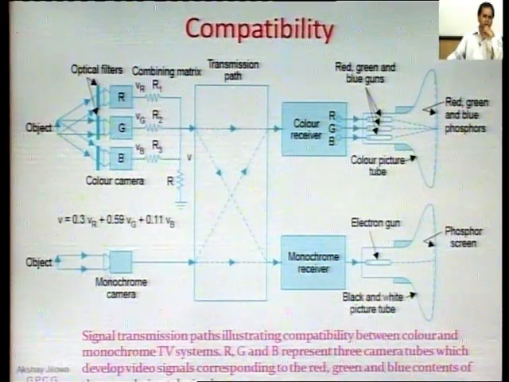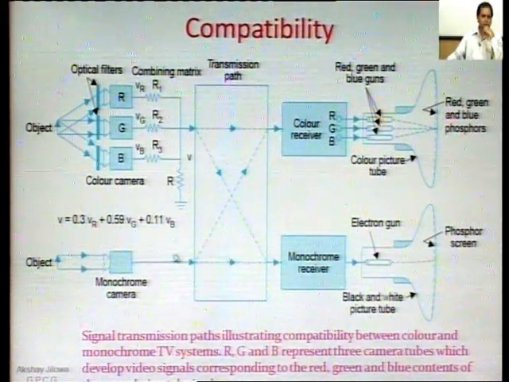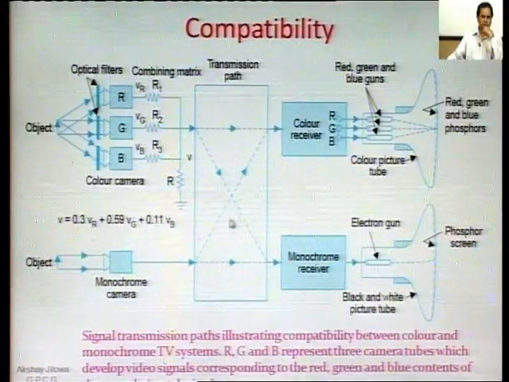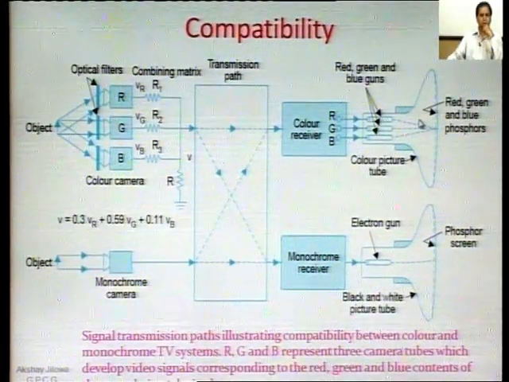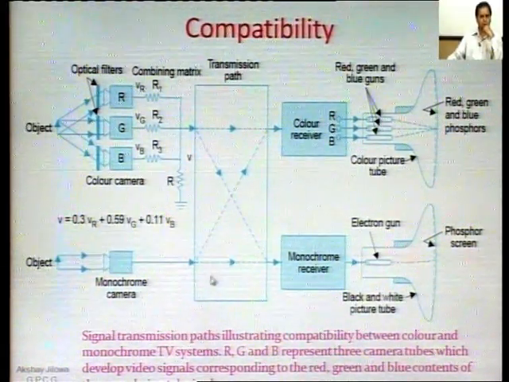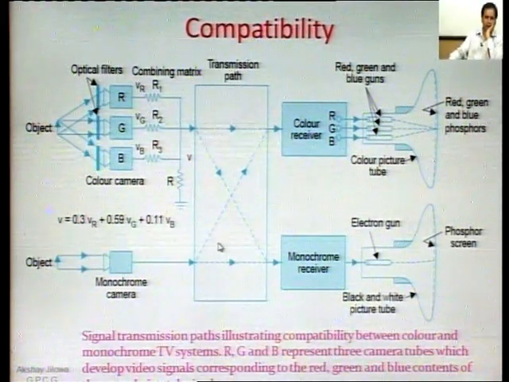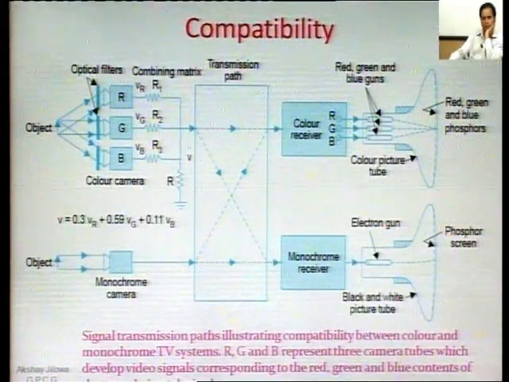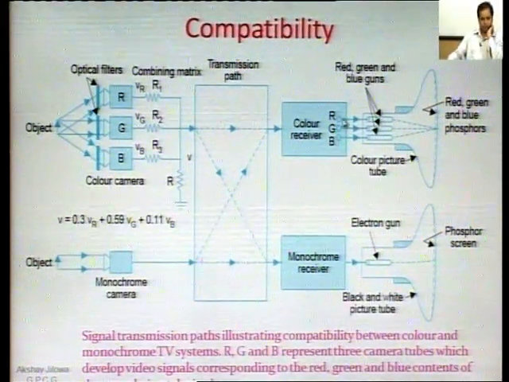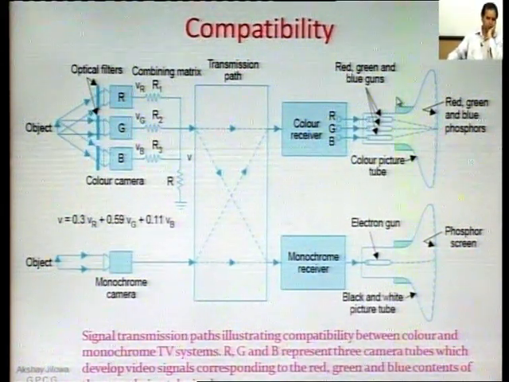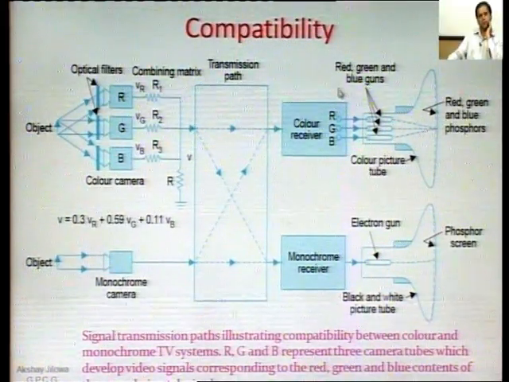If it is monochrome, it can be displayed on a monochrome receiver and also on a color receiver. This is how the system becomes compatible. When the same system is able to display the signal on both receivers, it is called a compatible system.